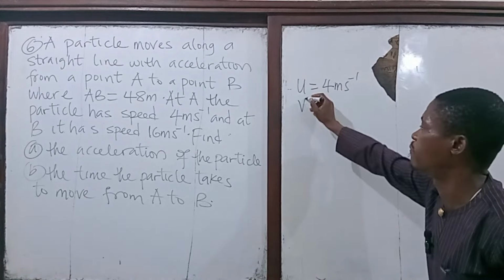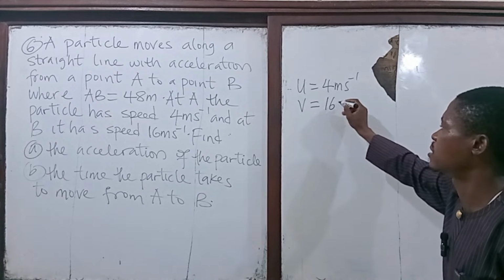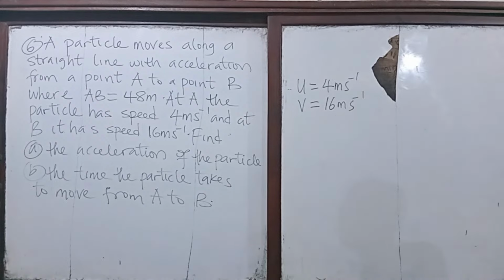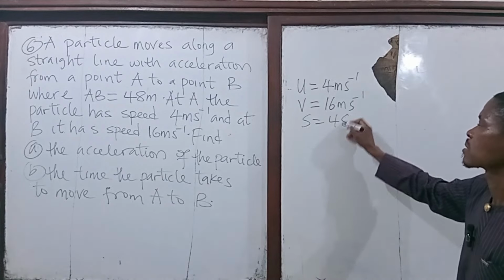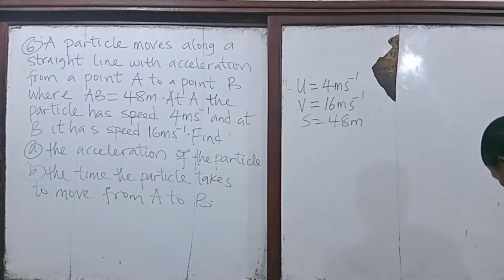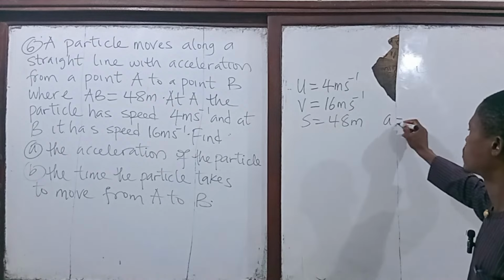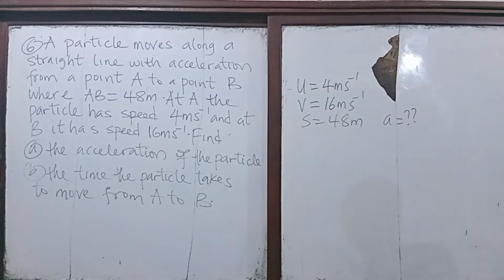So that will be the final velocity, which is 16. And then we have the distance as 48 meters. We're trying to find the acceleration. Acceleration we don't know. So let's find that. So at A, we have U. At B, we have the final velocity. So that's what we have there.